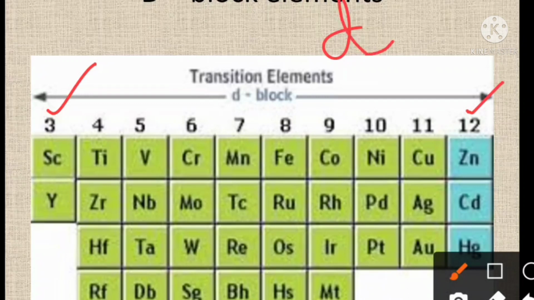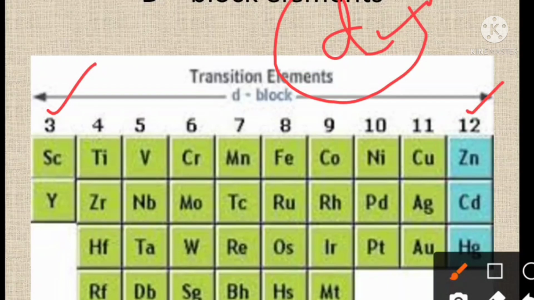The shell which is present just inside the last, the second last shell, is called the penultimate shell. So in group number 3 to 12, the last electron enters the d orbital of the penultimate shell.